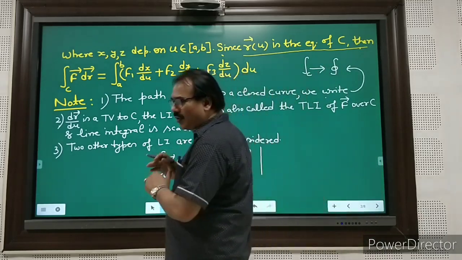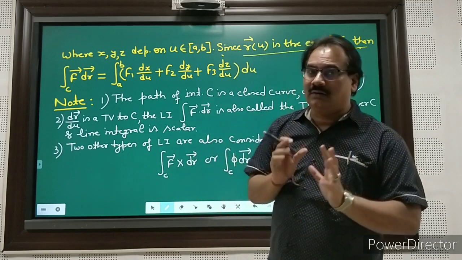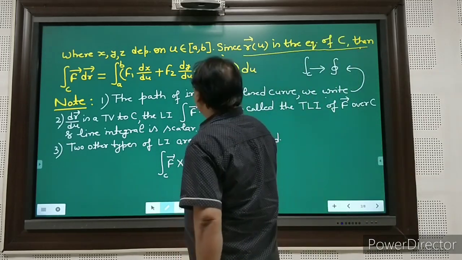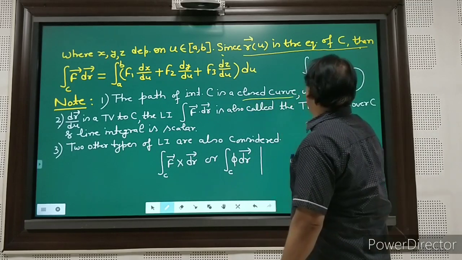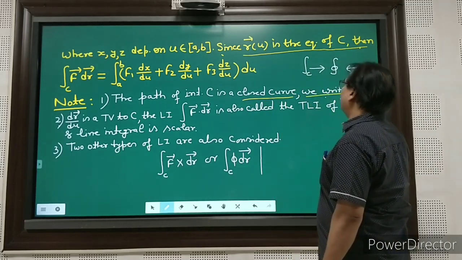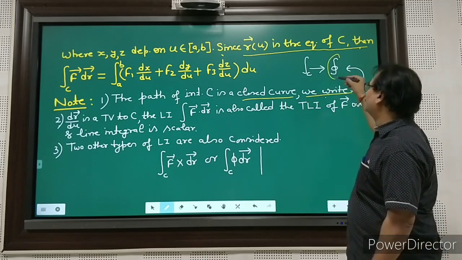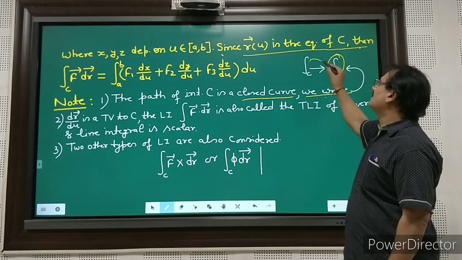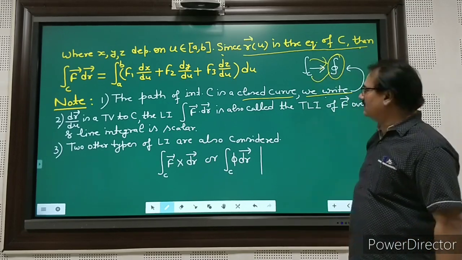Now there are certain points to remember during the evaluation of a line integral. The first point is that if the path of integration C is a closed curve, then we always write this symbol, meaning this symbol may be replaced by this.